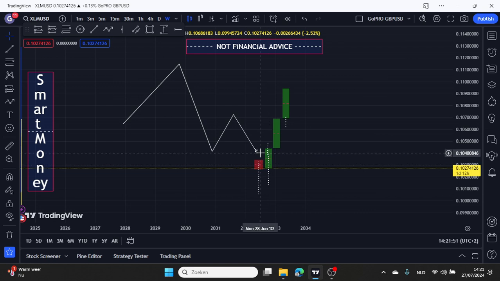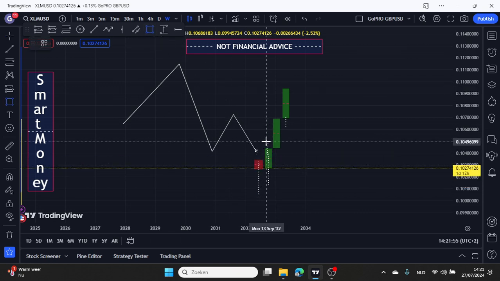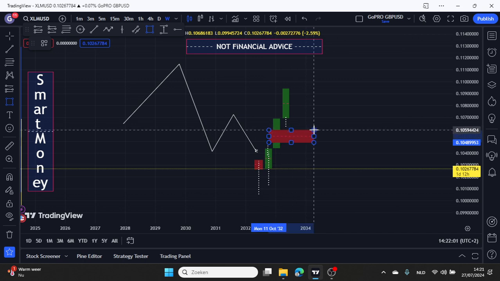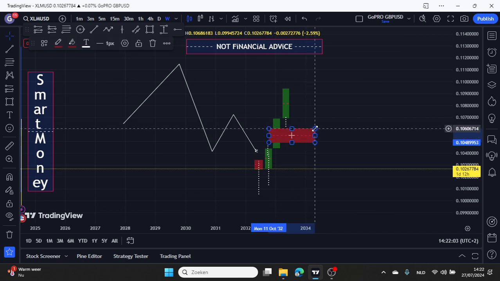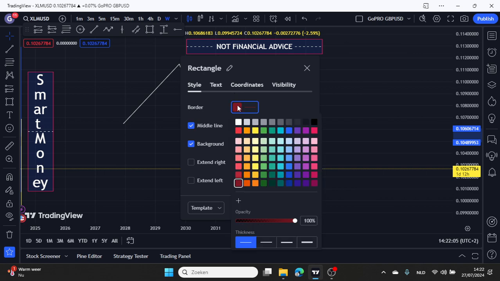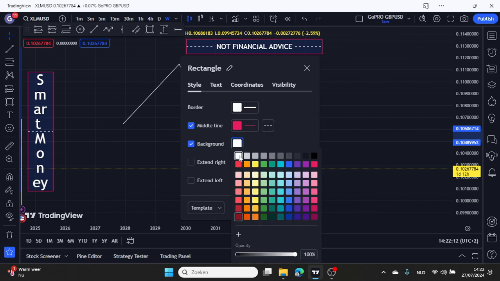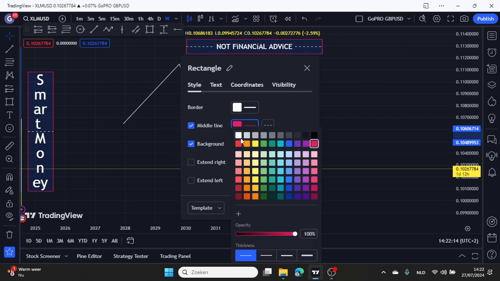Now you see the imbalance in price is here between the high on the order block and the lowest part of the candle. And here we have to change it again. That's trading. Get used to seeing this.